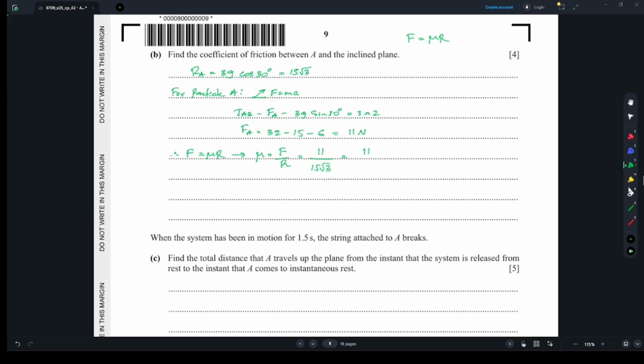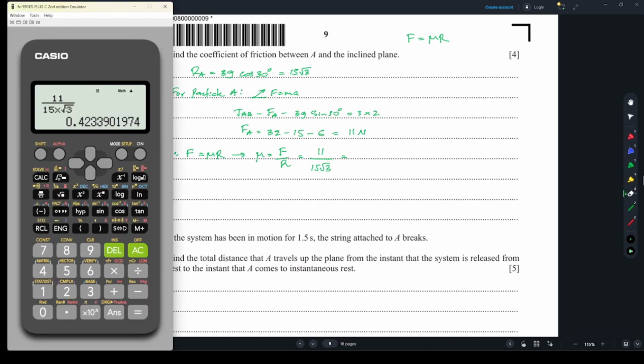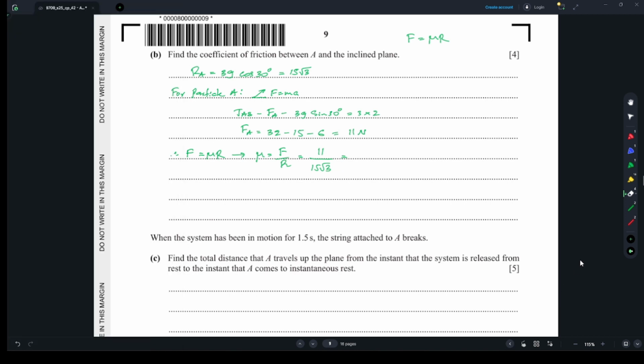The value we had, we have to keep for 3 significant figures, so we can write 0.423, right? Okay, so the value is 0.423.